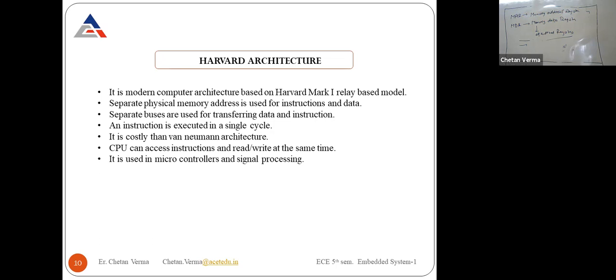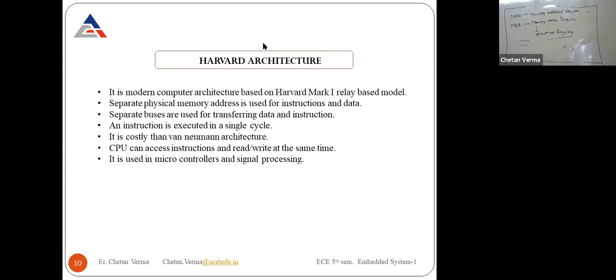So those are the basic concepts. The major difference between von Neumann and Harvard architecture is that their architectural behavior is different, because one uses a single bus and the other uses different buses.